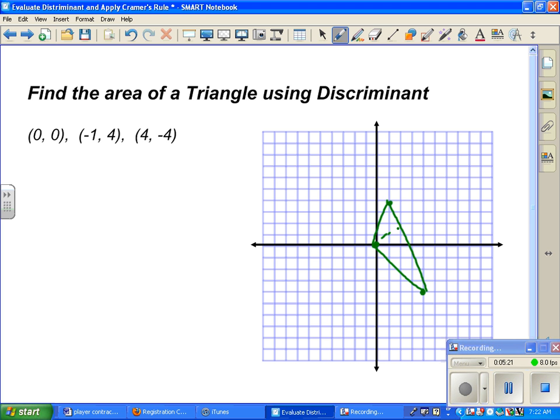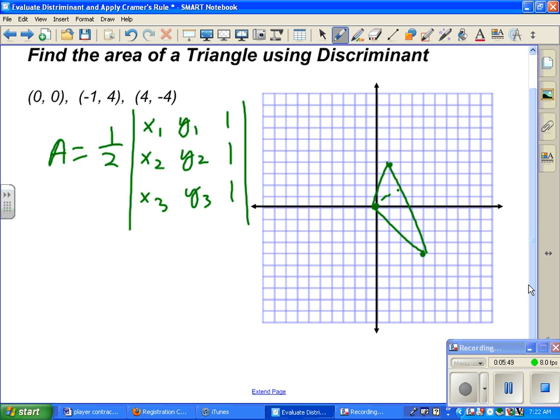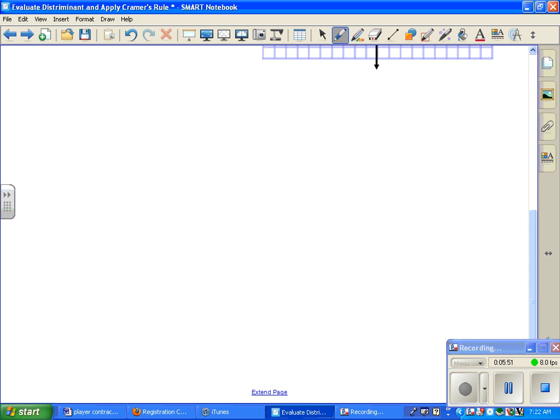Now here's the general equation. This is in your book. Area is 1/2 times the determinant of x1, y1, 1, x2, y2, 1, x3, y3, 1. So essentially you find the determinant of this matrix, and then you multiply by 1/2, and that'll give you your area.